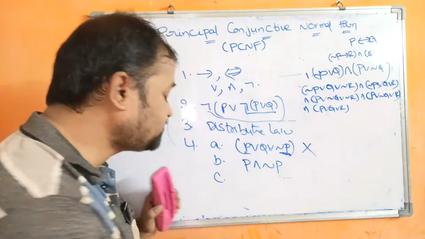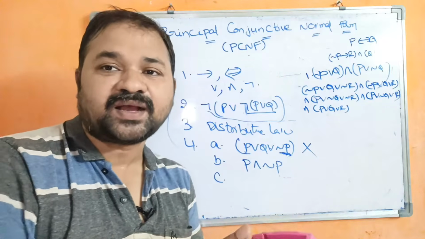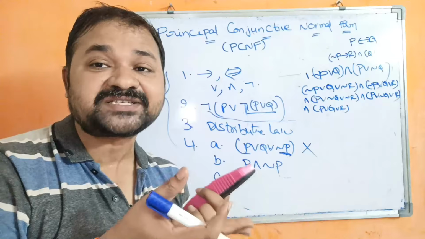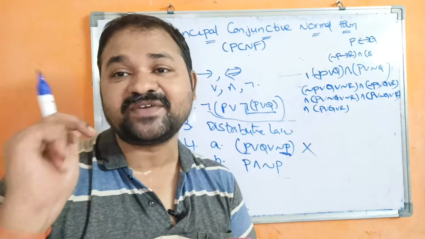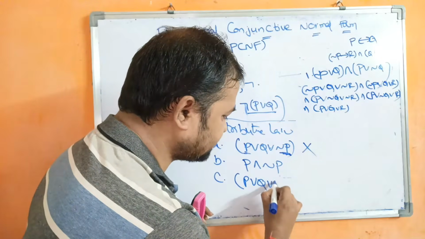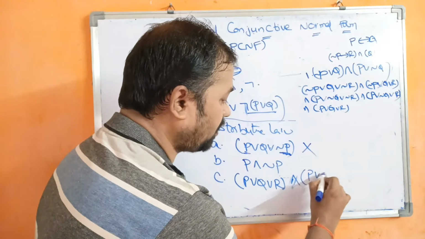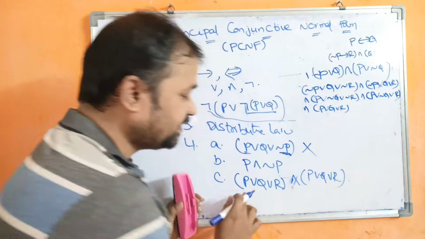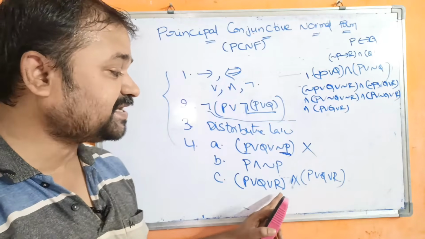And the last point is, if identical max terms appear repeatedly, then we have to write the term only once. So if we have a max term like this, P or Q or R, and again P or Q or R, this max term is repeating twice.